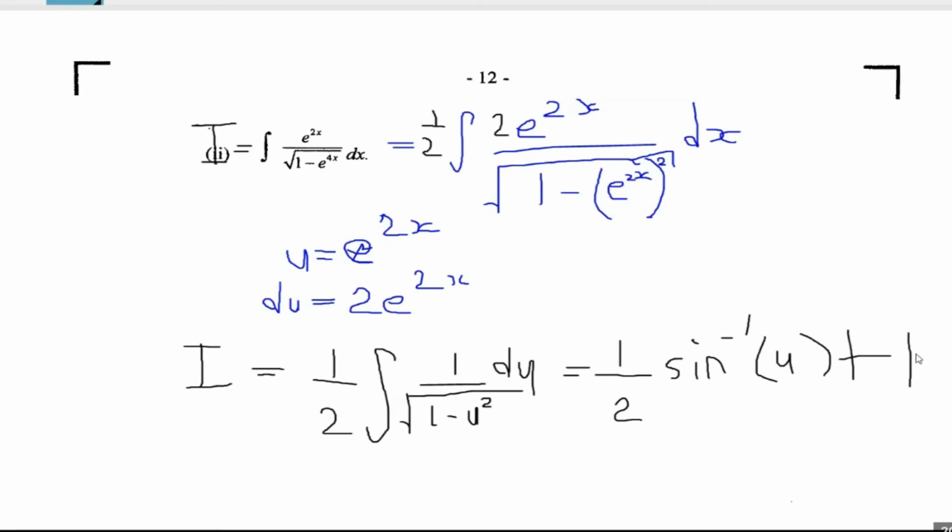But then what is u? Let's plug in what u is. Go back to what u is. u was e to the 2x. This is now a half sine inverse e to the 2x plus some constant k.